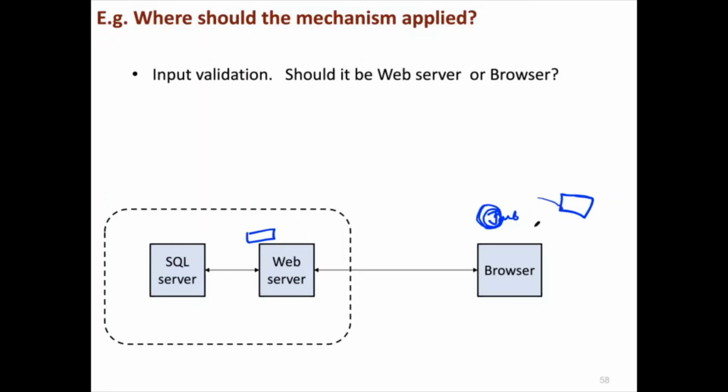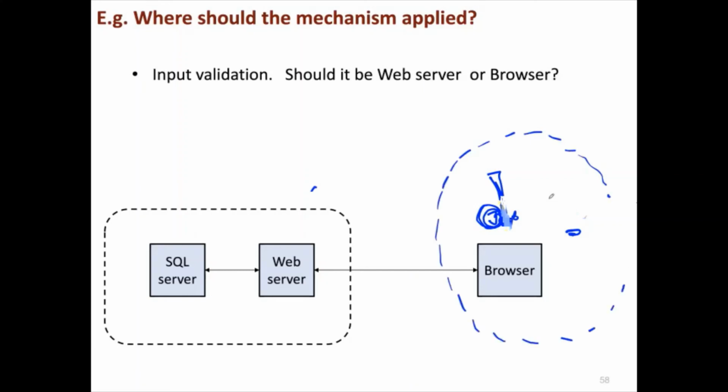Now, where should the input validation be done? Should it be done here, or here? You can see that if the input validation is done in the browser, the attacker controls the whole browser, so it can bypass this validation mechanism.